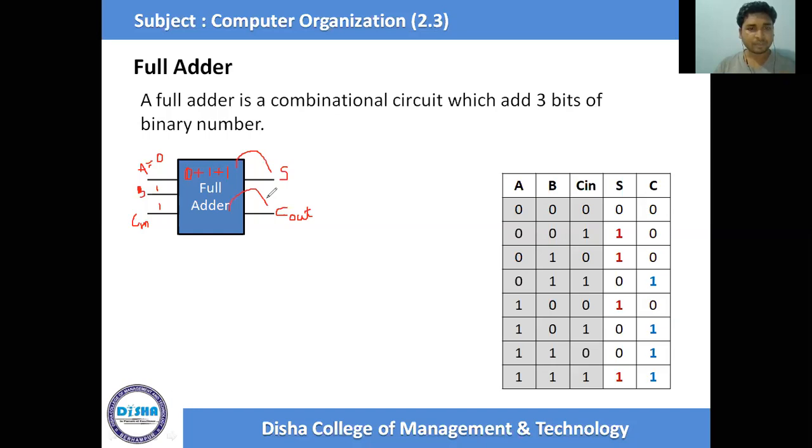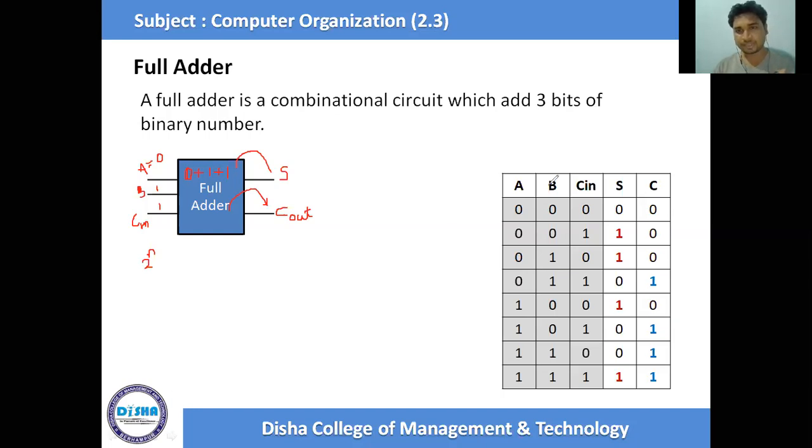As this system has three input terminals, as per the rule of 2 to the n, it has 8 input sequences. 8 input sequences can be supplied to the system, so that we get S as the sum and C out as the carry.